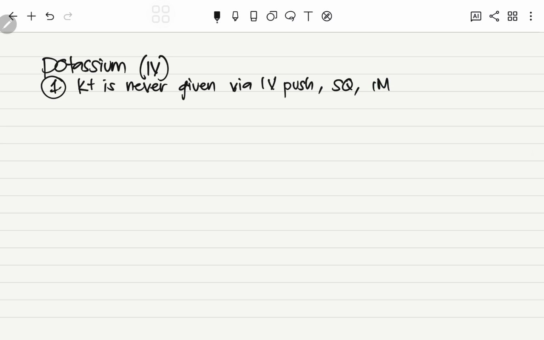It's a no-no to give IV push, subcutaneous, or IM, because it might kill your patient. So how do we do it? You dilute the potassium. A dilution of no more than 1 milliequivalent in every 10 ml is recommended.